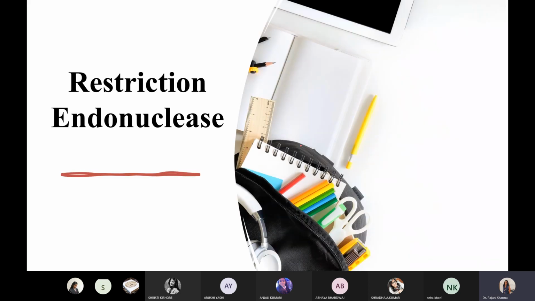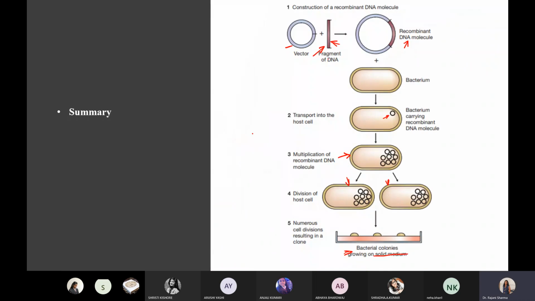Now we need restriction endonuclease to carry out all this process. What we are doing here is making a cut, a section in the vector so that we can insert our desired gene inside the vector. And where we get this desired gene, we have cut this segment from some other genome so that we can insert it in our vector.